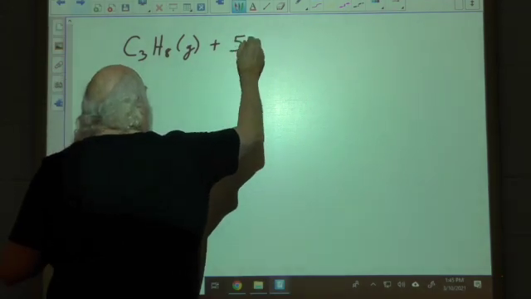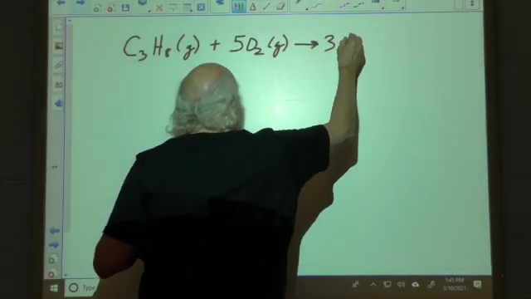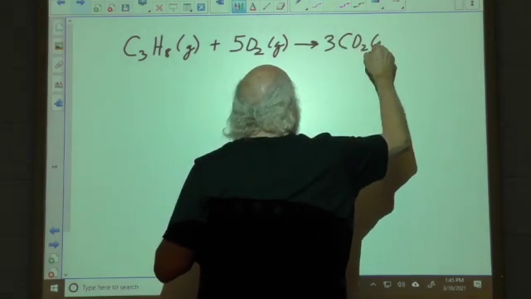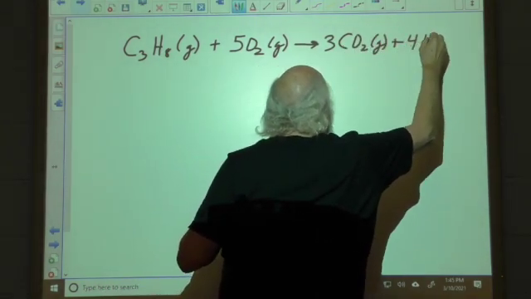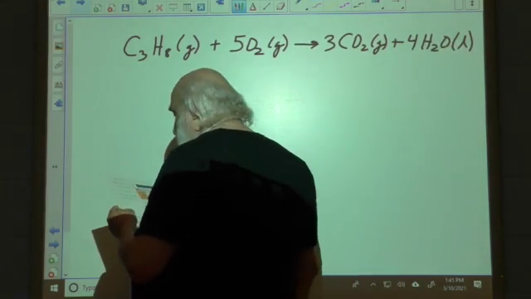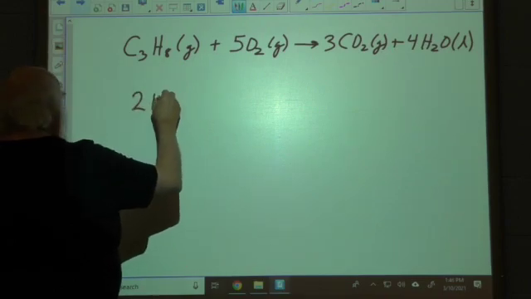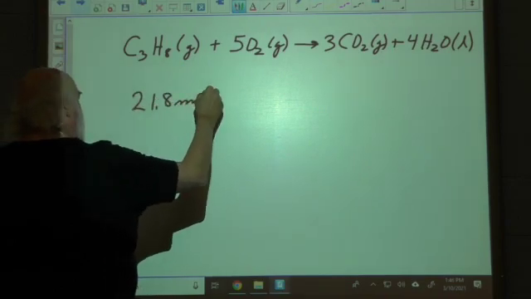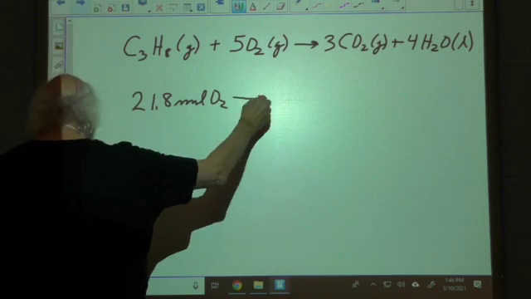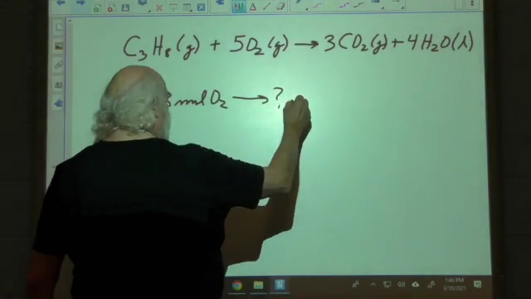Plus 5 O2 gas yields 3 CO2 gas plus 4 H2O liquid. And let's start with 21.8 moles of oxygen. And I want to know how many grams of water are going to be produced from that.